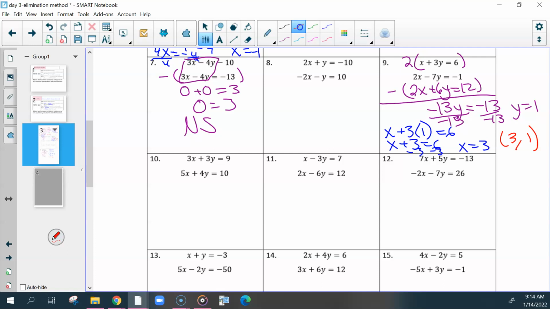X. We need to make these both the same number. What is a multiple that these both go into? 15. So that means we would need to change them both. Multiply the top one by 5 and the bottom one by 3.